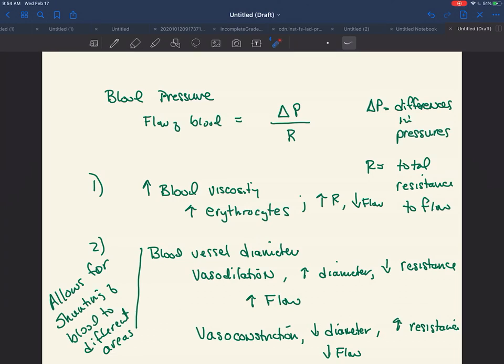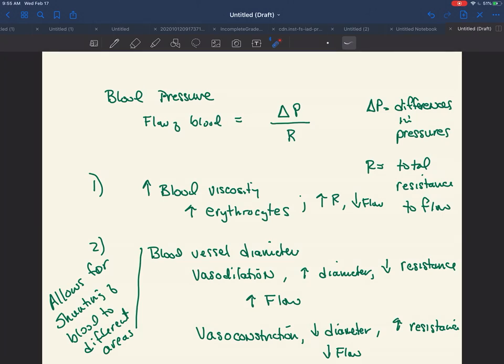This increases the resistance, and that decreases flow. If your blood is too viscous, you're going to have a problem with flow. Remember that we talked about how sometimes athletes use hormones like EPO, which increases their erythrocytes, which could cause a problem.